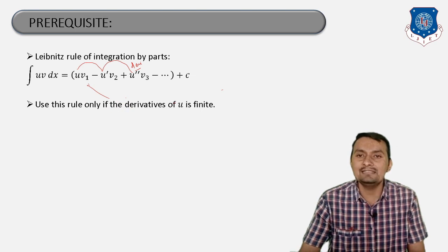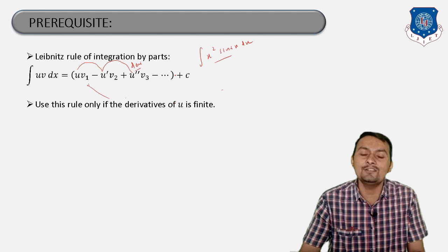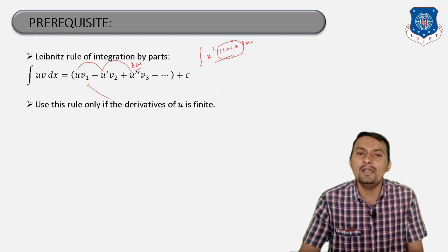So the first question arises: what should be u? For our simplicity, we will consider u the function whose derivative becomes finite. For example, if I say integration of x square into sin 2x dx, suppose you want to integrate, the question is what we can assume as u and v. If I take u as sin 2x, its derivatives are 2 cos 2x, then minus 4 sin 2x and so on.